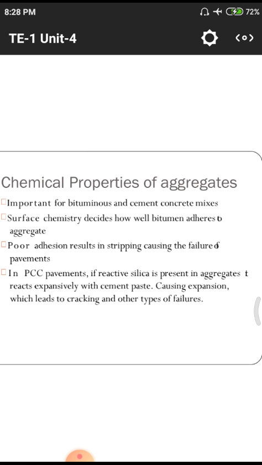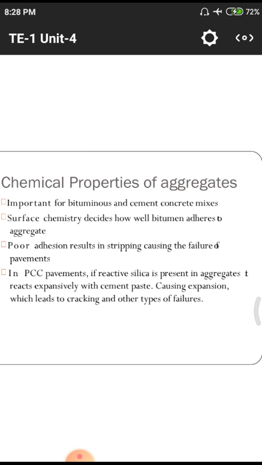We will use it as a replacement of fine aggregate. In some places we have to use it as a coarse aggregate also, according to the particle sizes. It reacts expansively with cement paste and causes expansion, which will lead to cracking and other types of failures. That means whenever we use this reactive silica in the concrete mixes, it will lead to expansion of the cement paste.